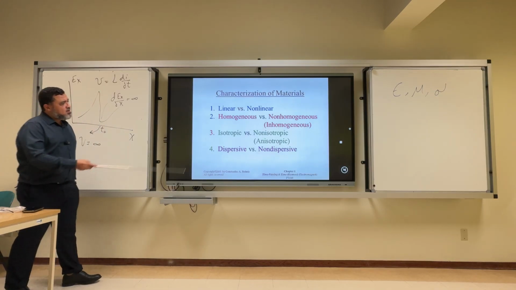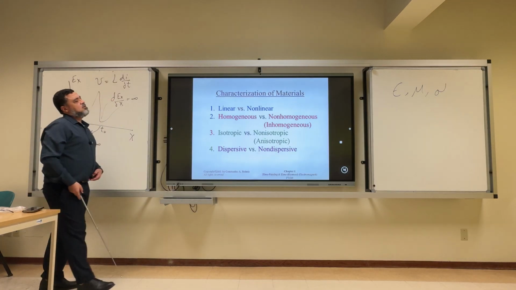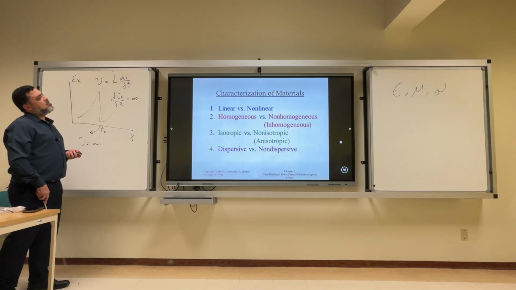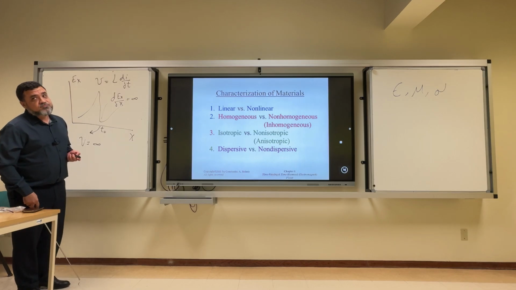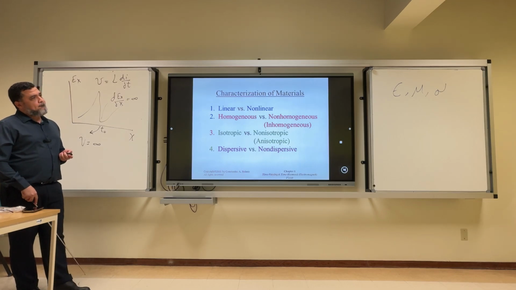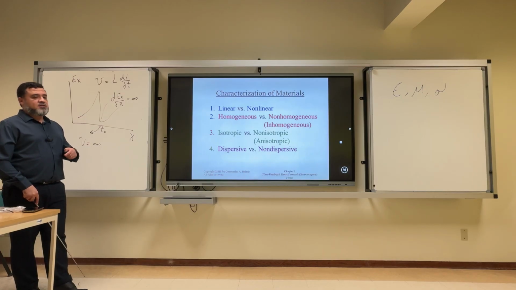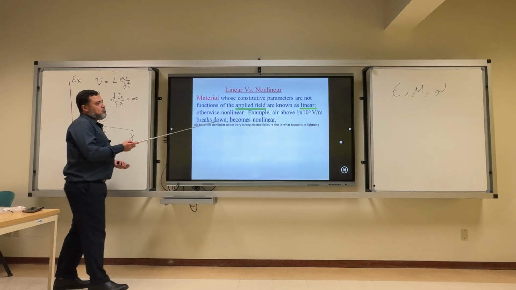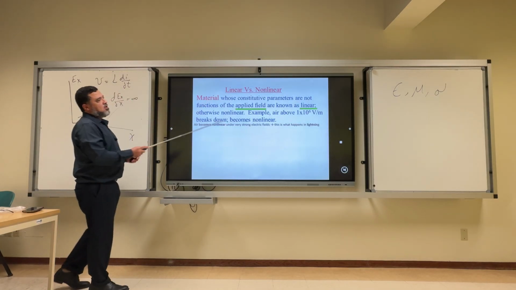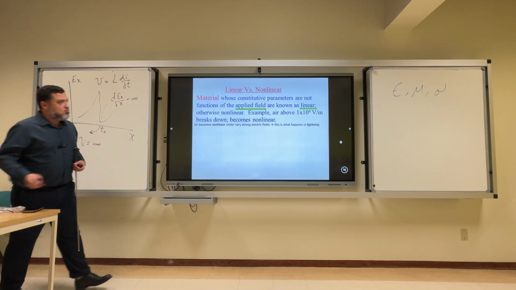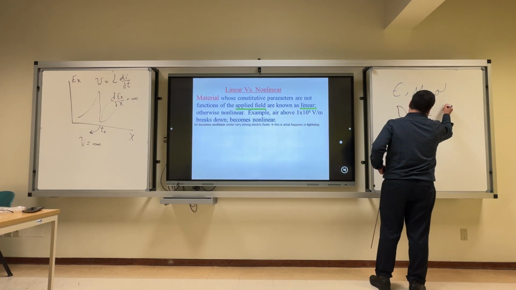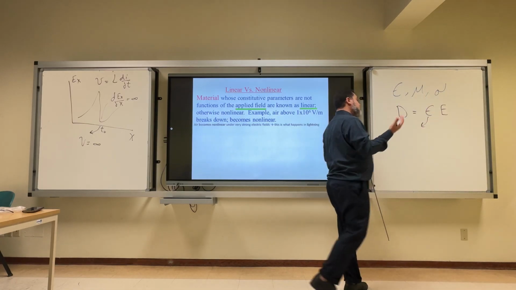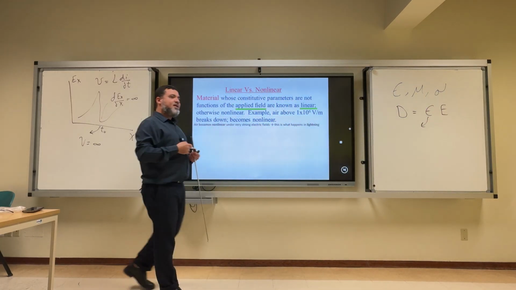What is the difference between linear and non-linear material? Superposition and homogeneity properties must be satisfied. The relation between the electric flux density and the electric field will be linear. It's based on the relation of D and E. If this relation is linear, like D equals epsilon E, and epsilon is constant, then the ratio of D and E will be linear.